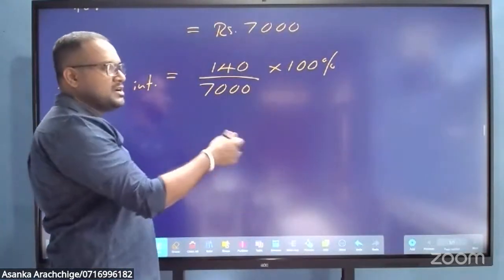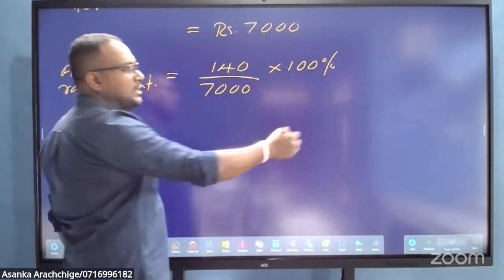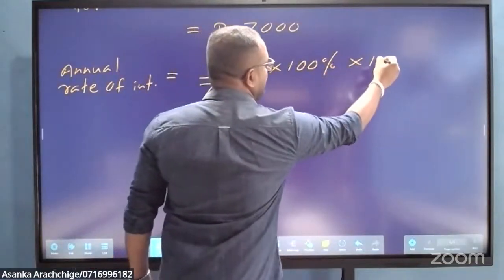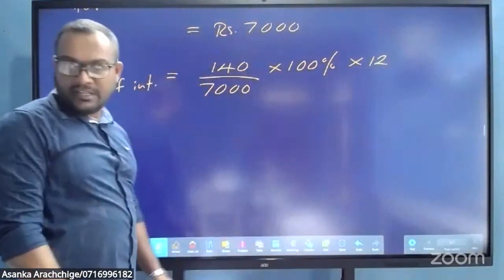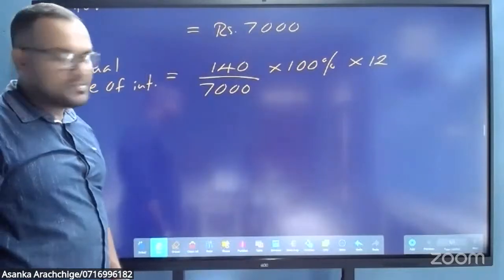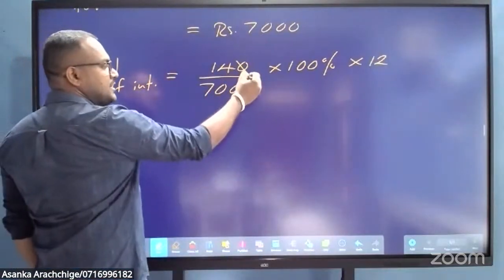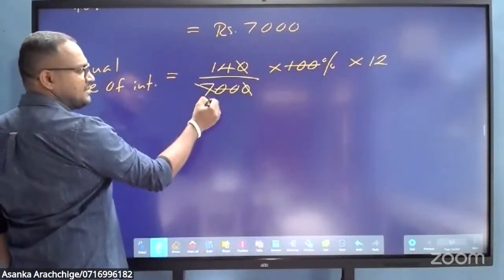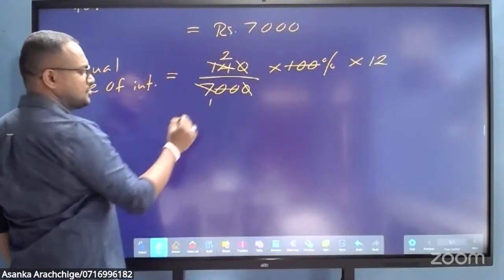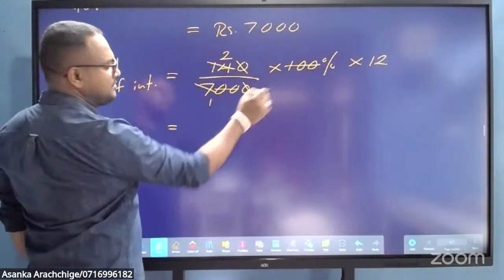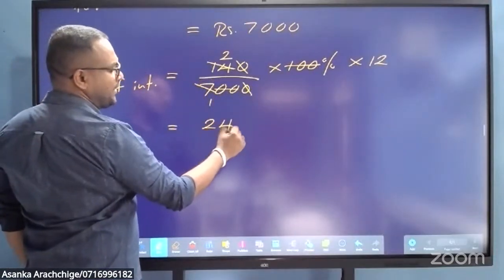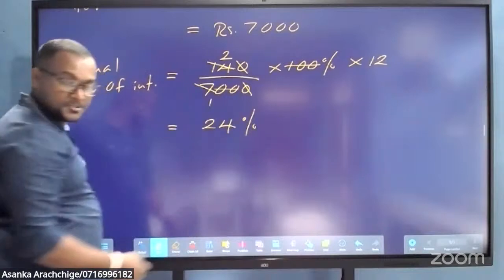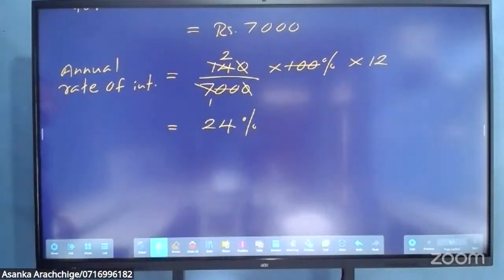Then to convert the monthly rate into annual, this should be multiplied by 12. Clear? Then 2 zeros and 100, 7 times 2. Then 2 times 12, that is 24%.